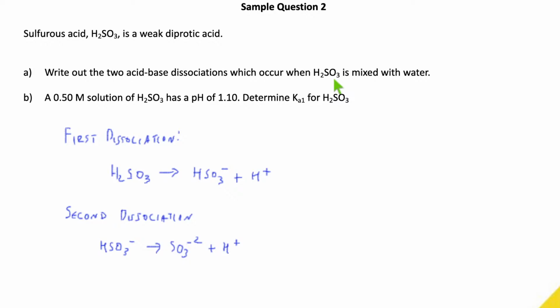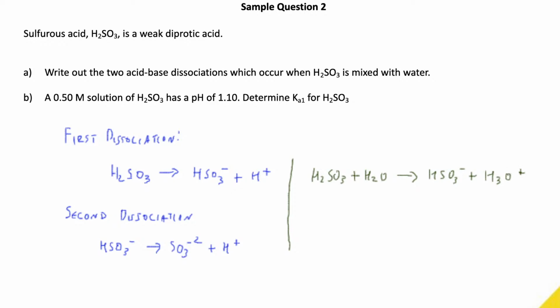If you want, the alternate way of writing this is like this. That would be H2SO3 plus H2O, which would give you HSO3 minus plus H3O plus, the hydronium ion.